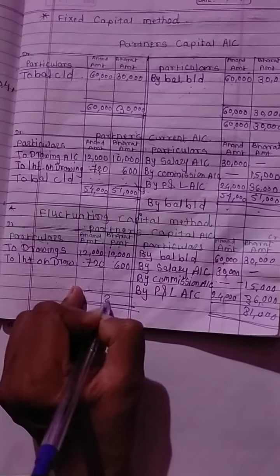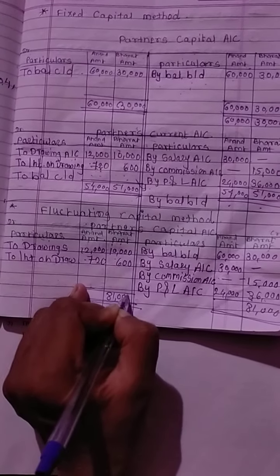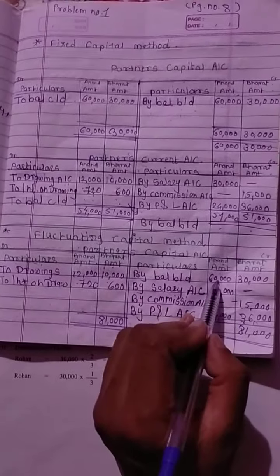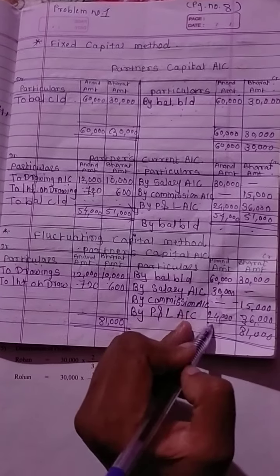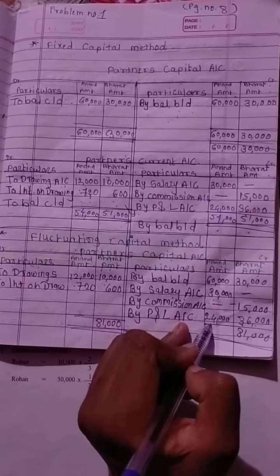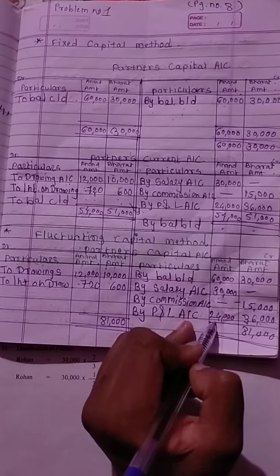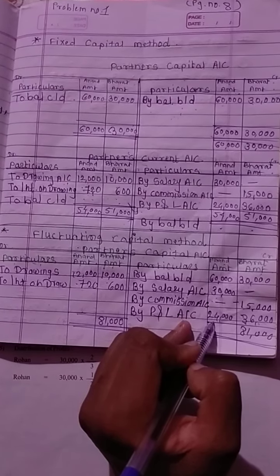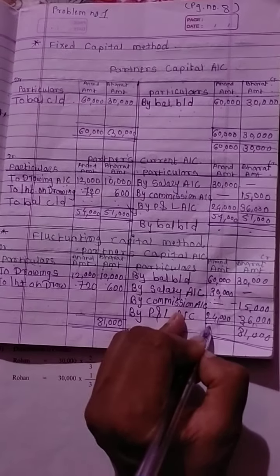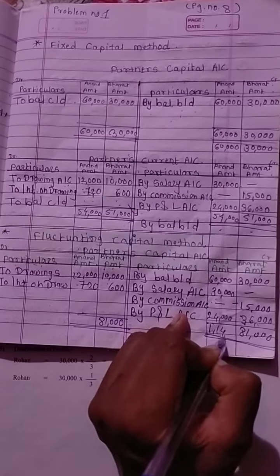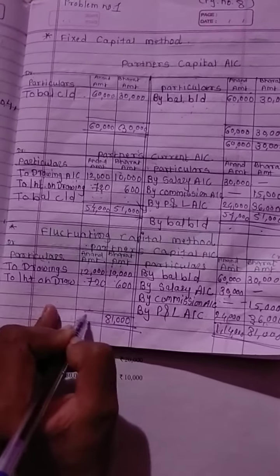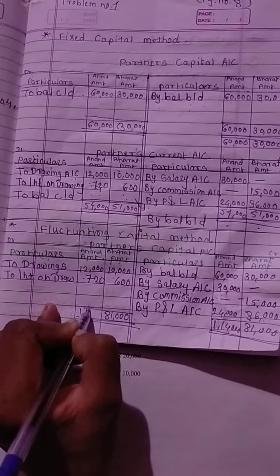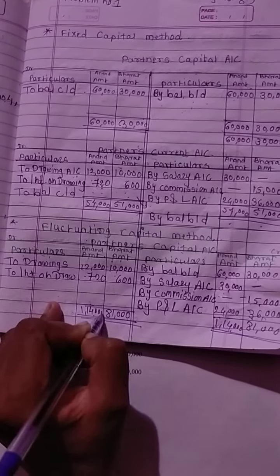Same thing here, because this amount is bigger. Next, 60,000, 30,000, 90,000, 90,000 and 24,000, 1 lakh 14,000. Write this amount here, 1 lakh 14,000.